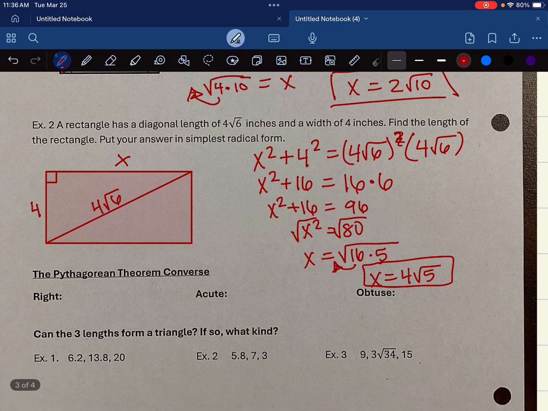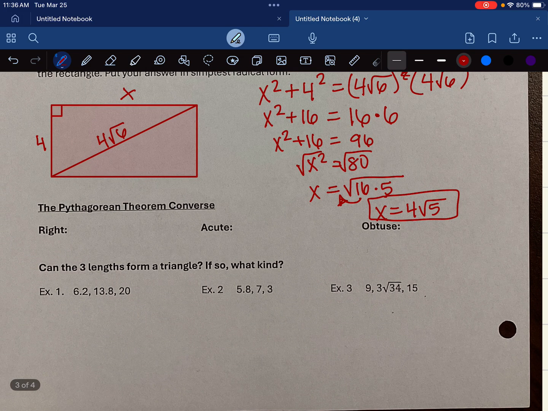All right, last thing. You can use the Pythagorean theorem converse to help you identify a specific type of triangle based off just the side lengths given. You don't even have to have a picture, okay? If you can do a squared plus b squared equals c squared, then it's a right triangle.